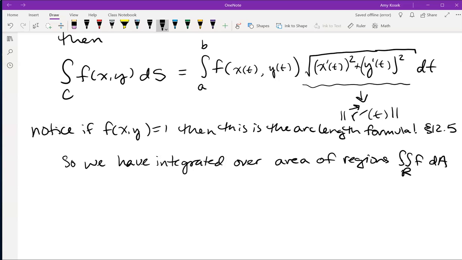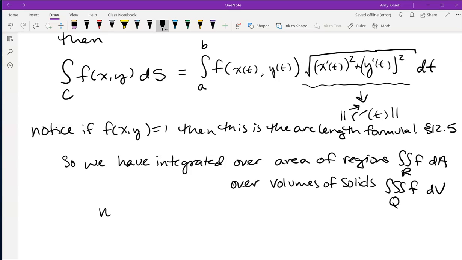We also did integrating over volumes of solids. So that was like a triple integral over some solid Q of f, and we did it dV. And remember, in both of those, if f was 1, the top one, the double integral over R dA just gave area, so area of that region. And when f was 1 in the second one, it did give the volume of that solid Q.